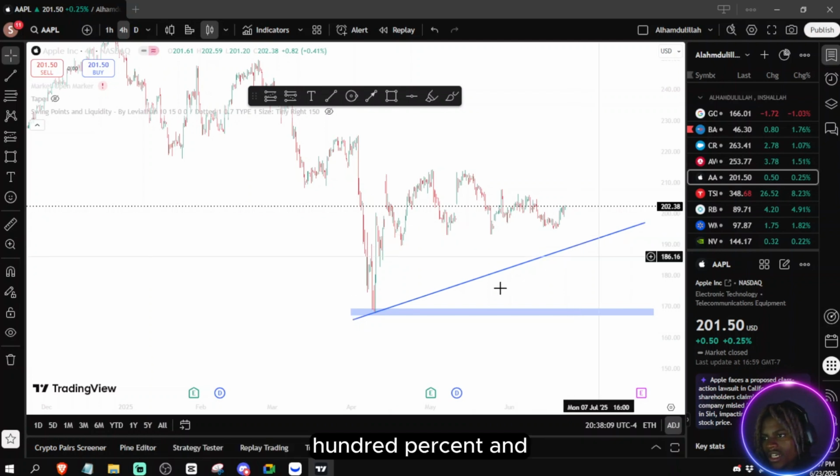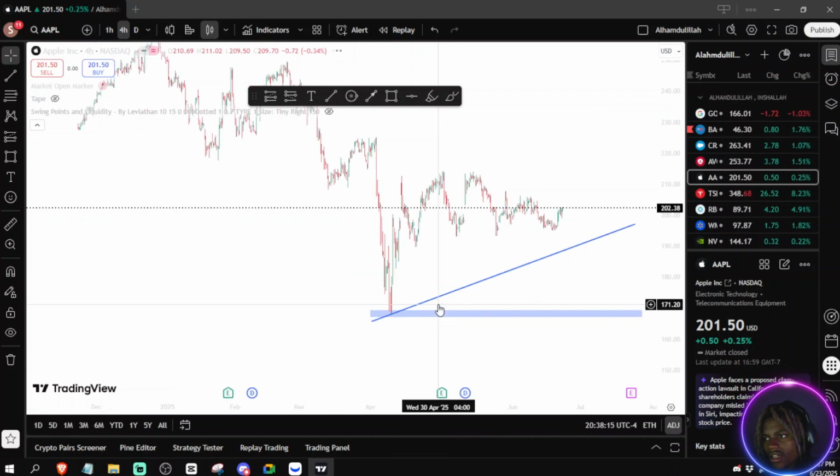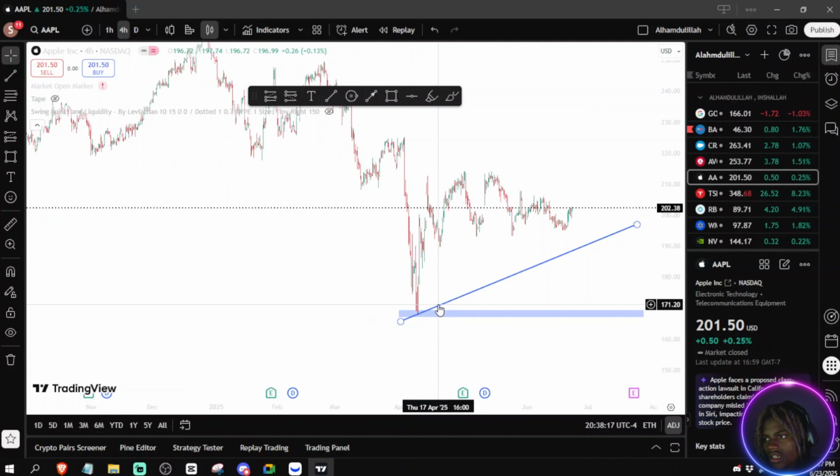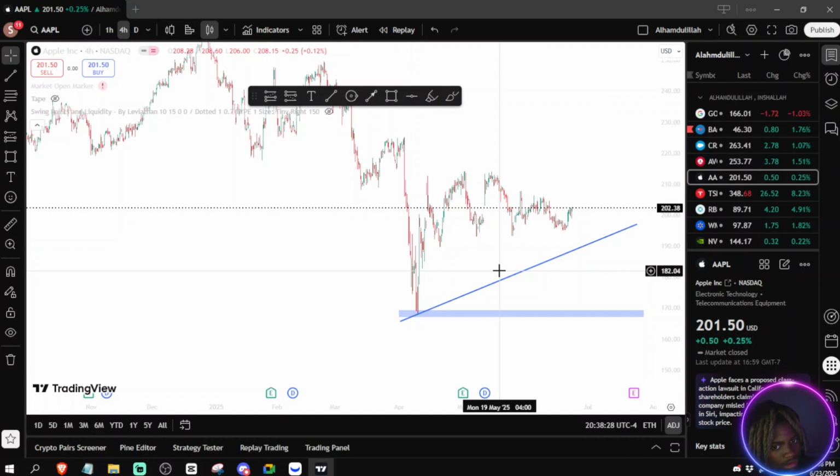Yeah, 100%. The contracts will update in the morning, but they're still moving, you just can't see it in real time. Literally.